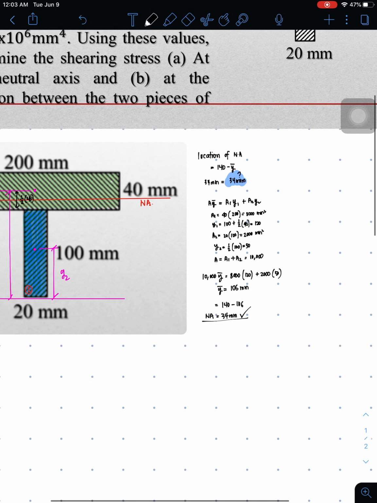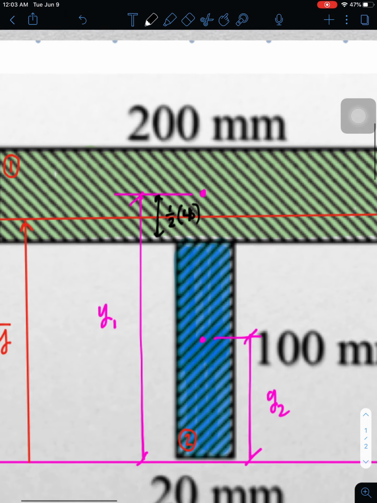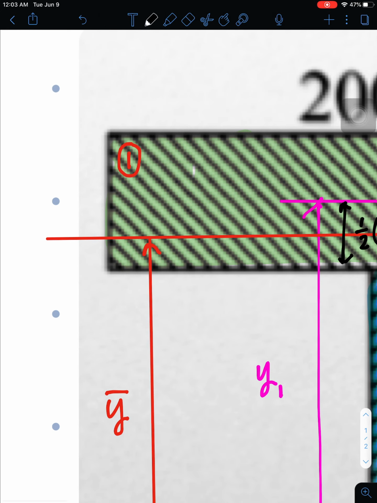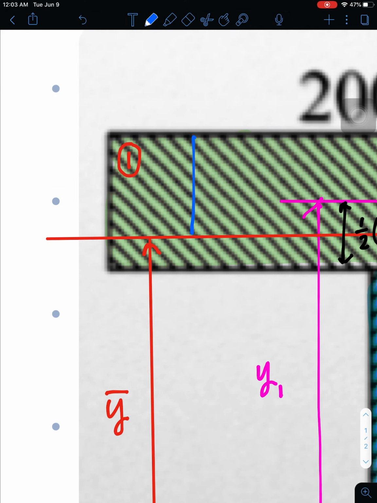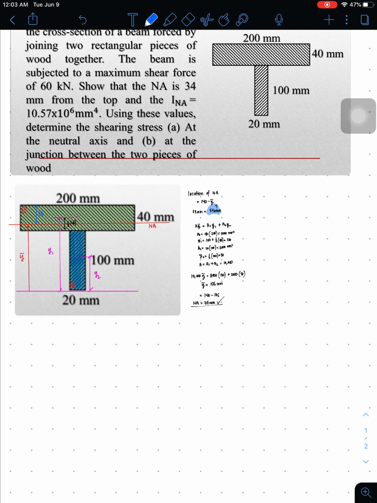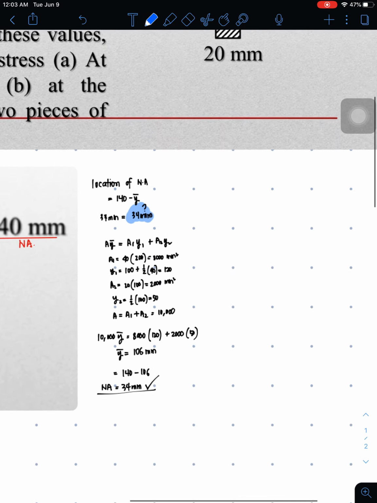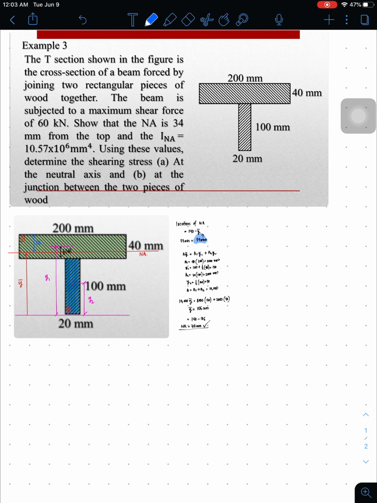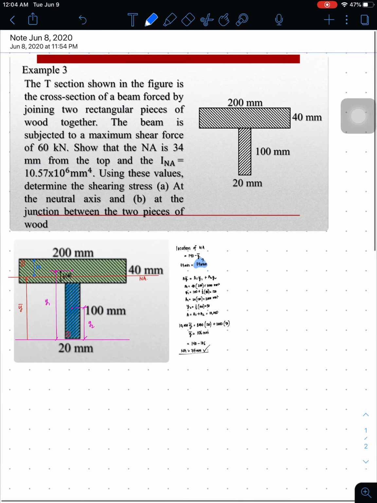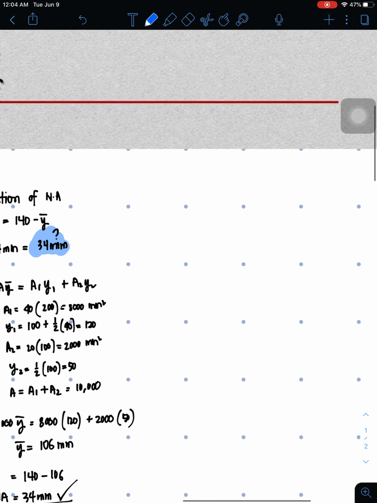The location of the neutral axis from the top fiber is what we were looking for, this distance. This is 34 there. And let us proceed in getting the moment of inertia. The problem says show that the neutral axis is 34 and the moment of inertia is 10.57. Okay, let's show the moment of inertia.